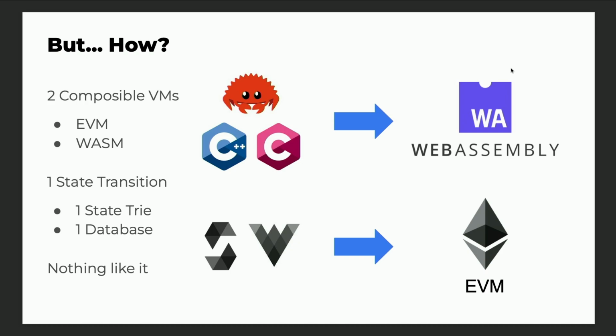Importantly, these two VMs are composed with each other, so that there's a single state trie, which is in the exact data structure that Ethereum uses, a single database that they live in, unchanged from how it works in Ethereum, and a single state transition function, which is the basic function in a system like this, which takes in a group of transactions and produces the next block.